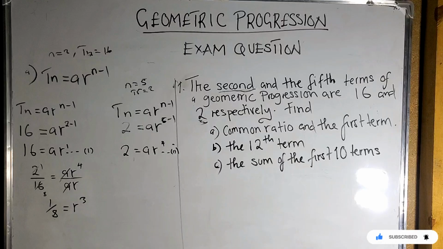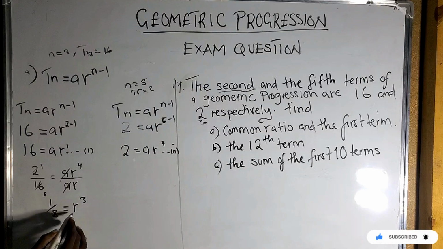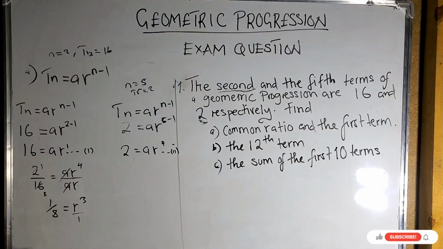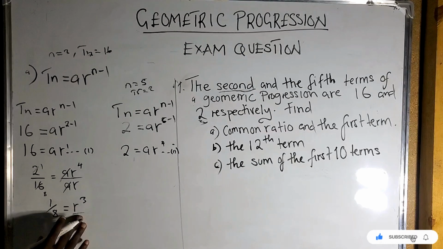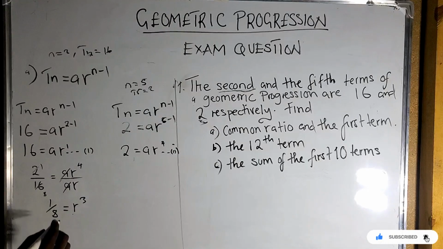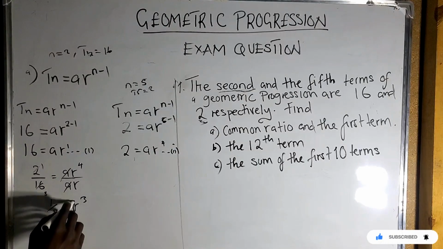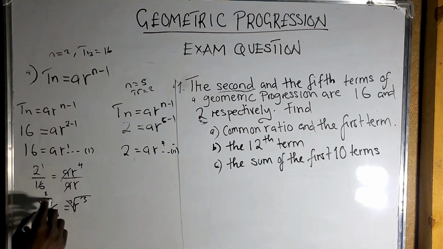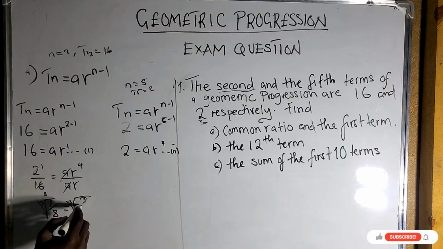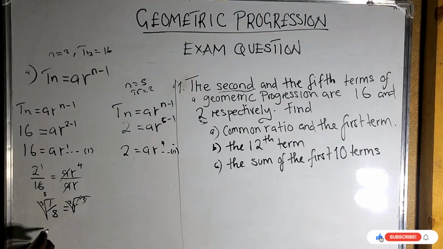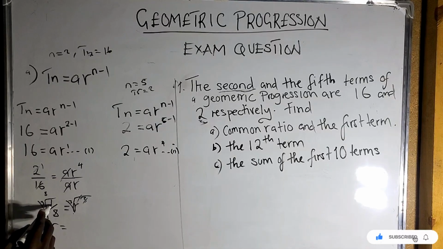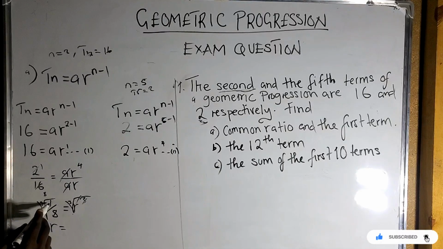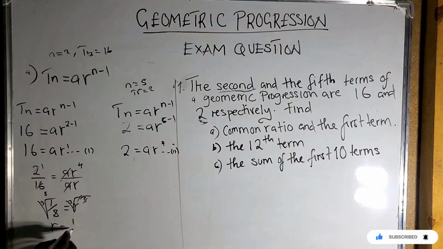This is very simple. You can cross multiply here, or you can just find the cube root of both sides. So the cube root of, this 3 and the cube symbol will cancel, and we remain with r equals the number that when you multiply it by itself 3 times gives you 1, which is 1 itself.